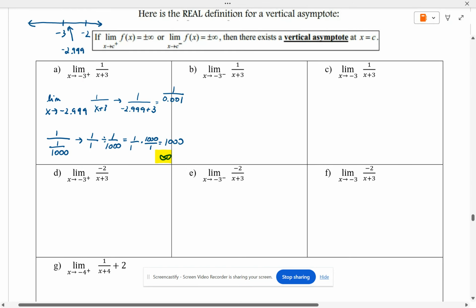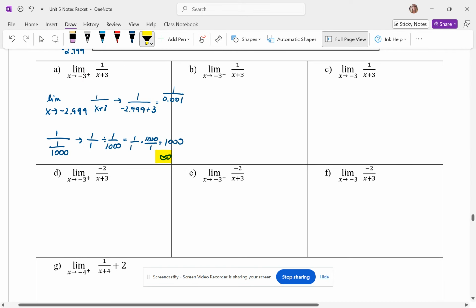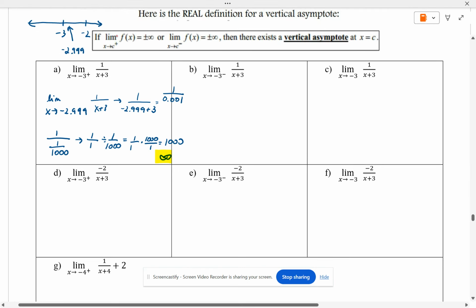Now let's check out what this thing would look like from the left. So what is really, really close to -3 on the left? -4 is kind of close, but what's closer? Yeah, let's do that one. How many zeros did you tell me? I forgot. 3 zeros? Okay, cool.